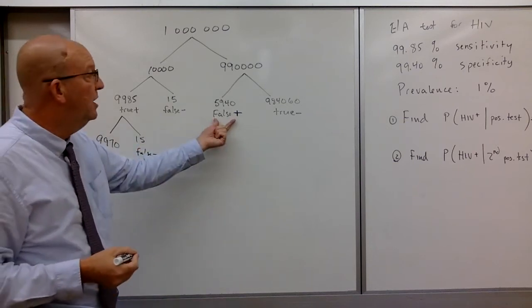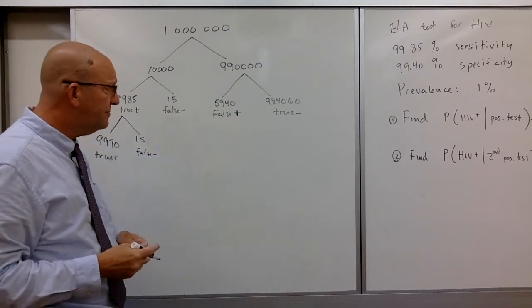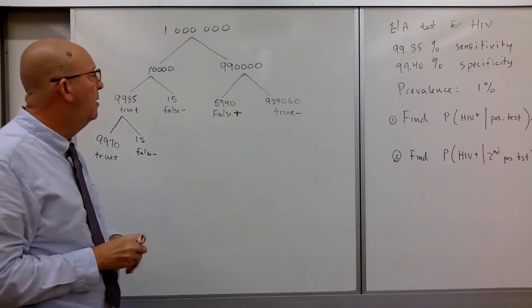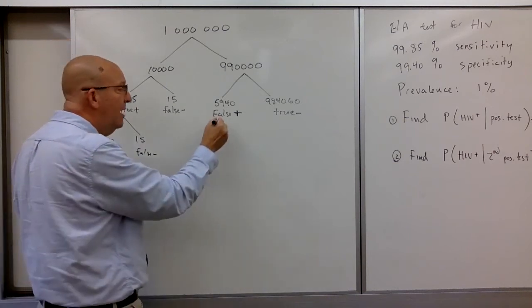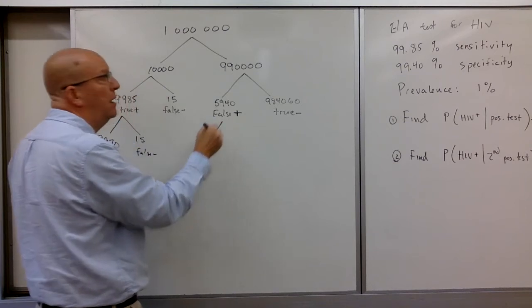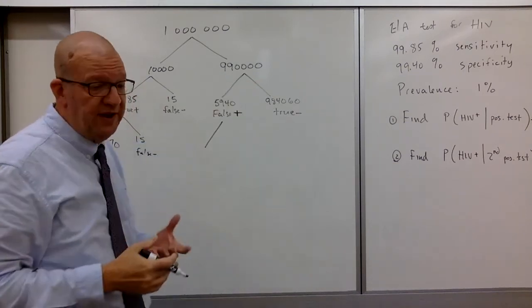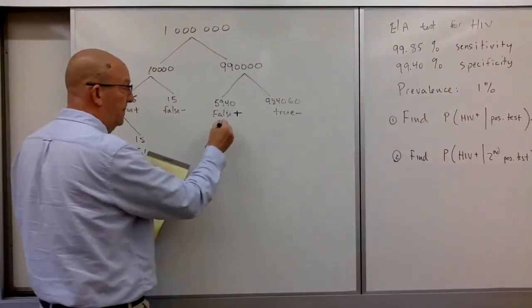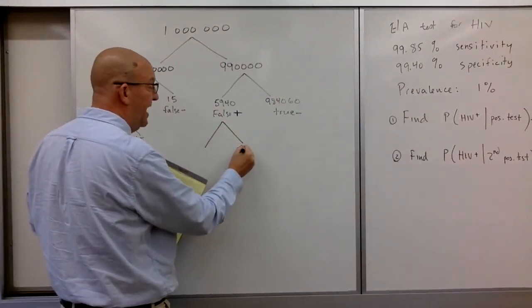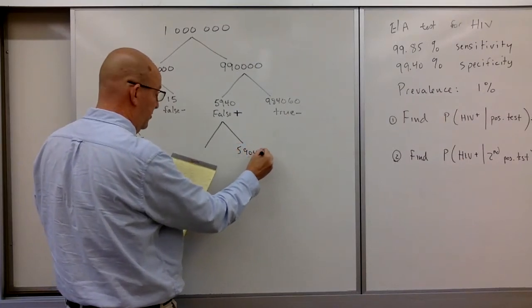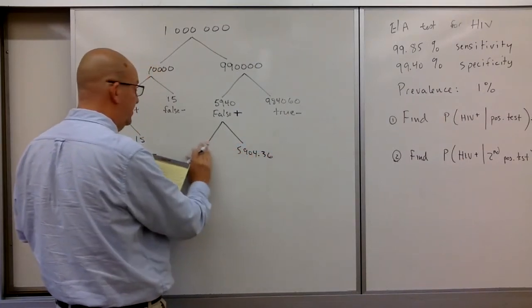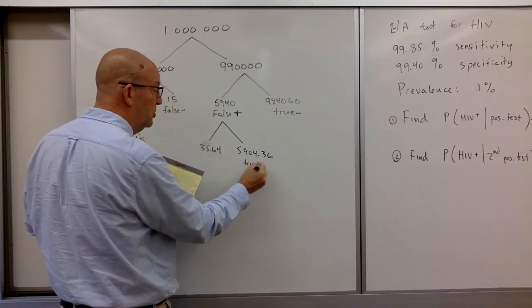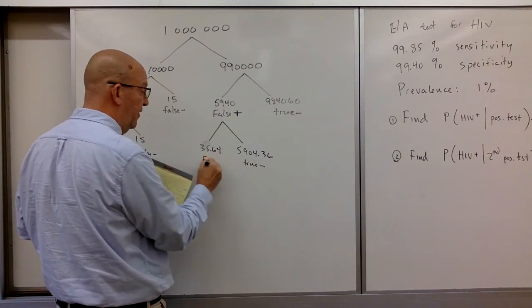How about these over here? Well, these people don't have it, right? And so when we test them, 99.4% should come back negative. And sure enough, they do. Okay, this becomes 5904.36, and this is 35.64. So these would be your true negatives and your false positives.